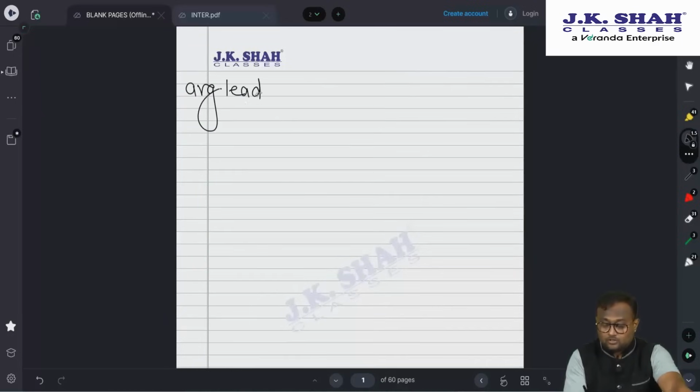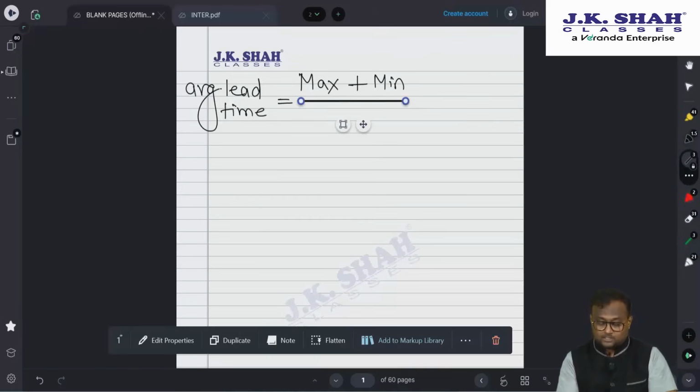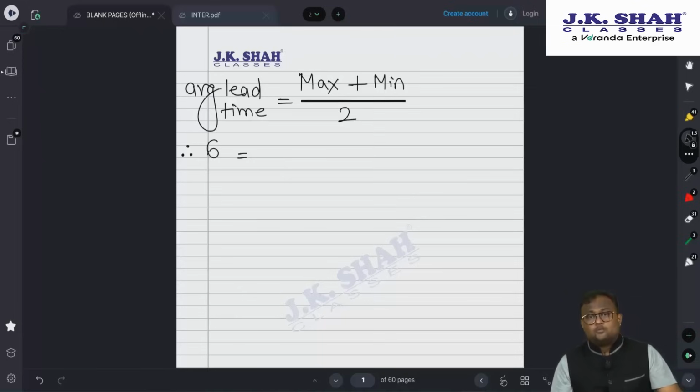Average lead time is (maximum plus minimum) upon 2. How much is the average lead time given? It's 6 days. Now, we don't know how much is maximum, we don't know how much is minimum.